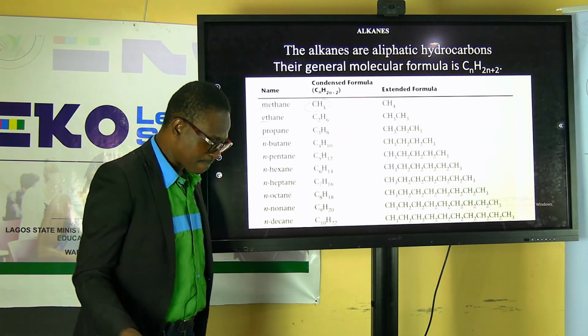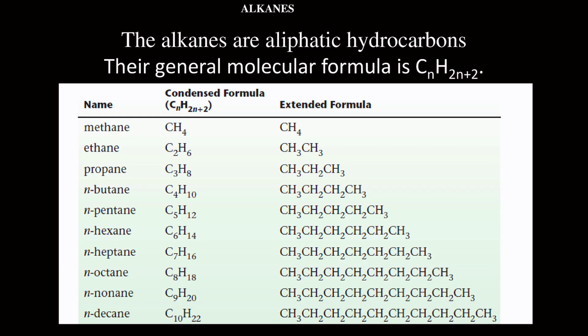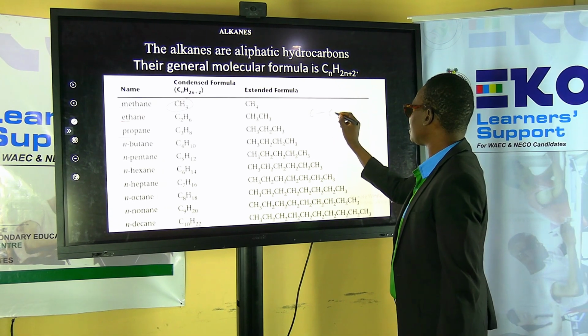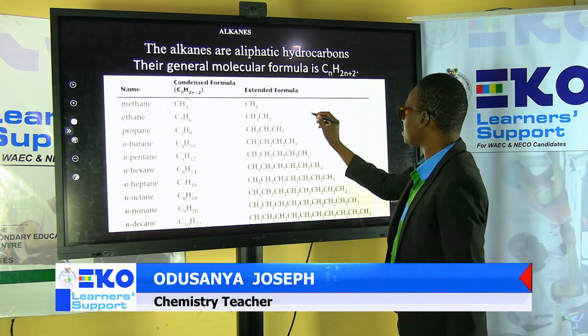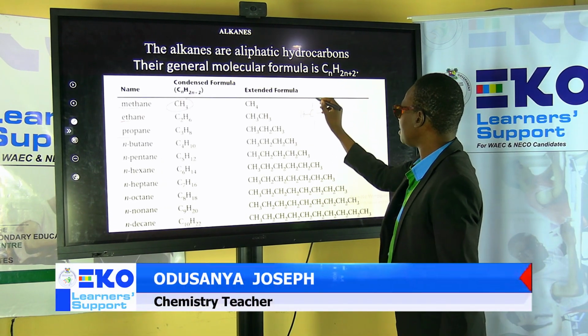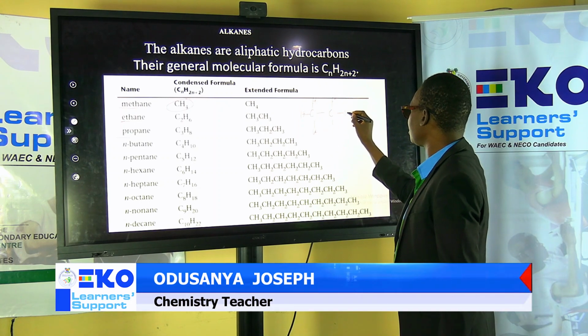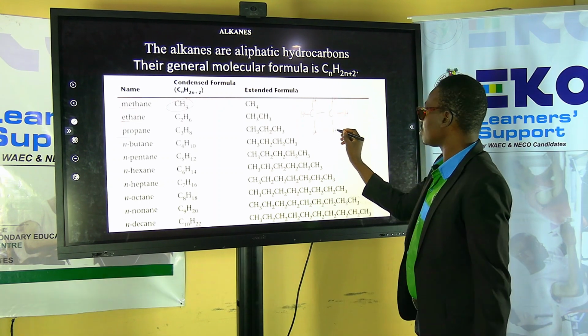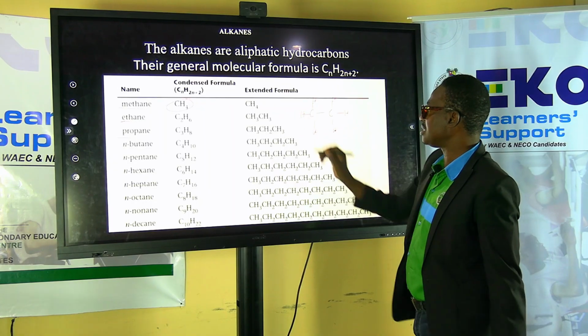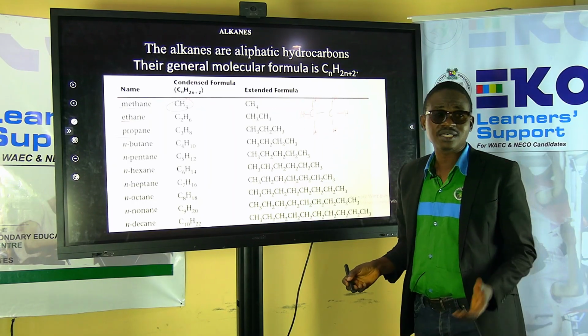And you could see, I've told you earlier, that carbon is what? Tetravalent element. So if you have something like this, all I need to do is to support it with how many hydrogen? Yeah, 3 hydrogen. So this is the structural formula. Why is this what? A molecular formula.